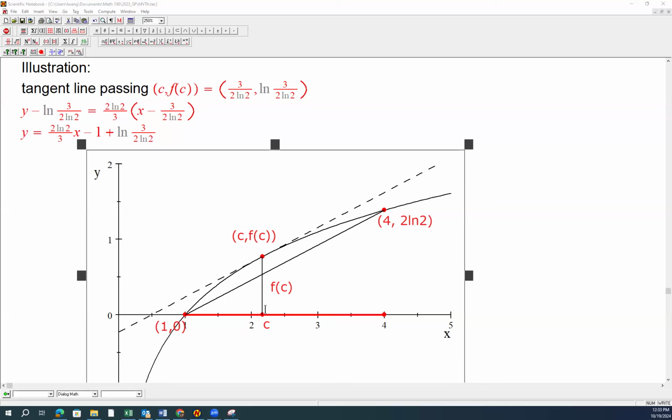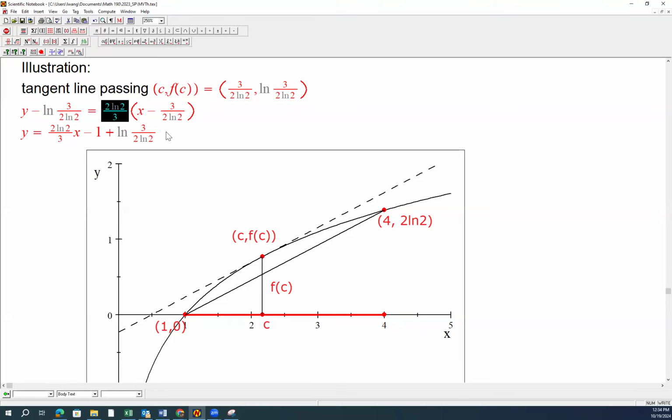Once we find the C, we can find f of C, right? Once I find the C, I plug C into the function. I know this looks a little messy, just treat it as f of C. So this is C, and this is f of C. When we find the tangent line, this is y minus y1, and the slope, which is the slope from these two points, 1, 0 and 4, 2 times ln 2, times x minus c.